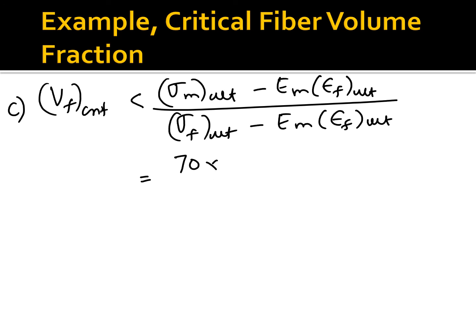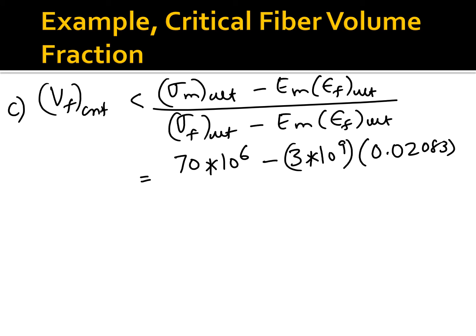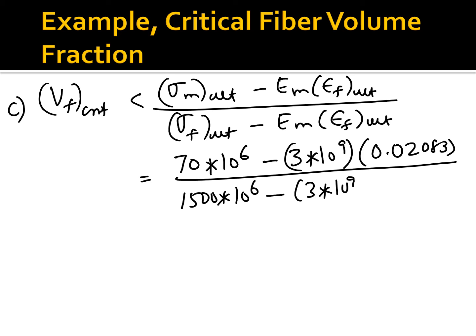The ultimate strength of the matrix is 70 megapascals. Young's modulus of the matrix is 3 gigapascals. The ultimate strain at which the fiber fails is given as this. Sigma F ultimate is 1500 megapascals. Young's modulus of the matrix is 3 gigapascals. And the ultimate strain at which the fiber fails is given by that number.